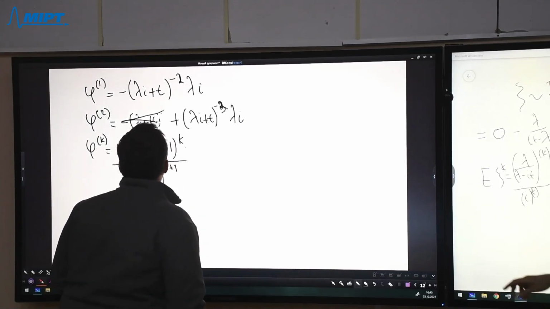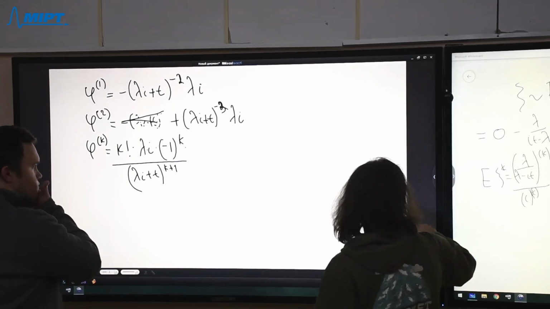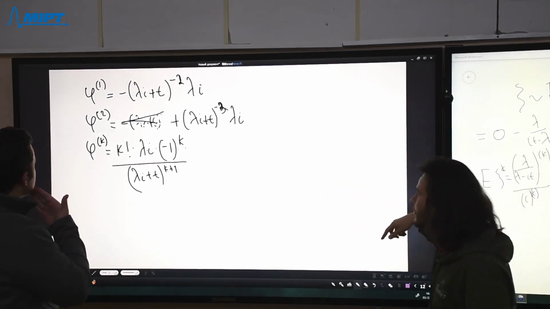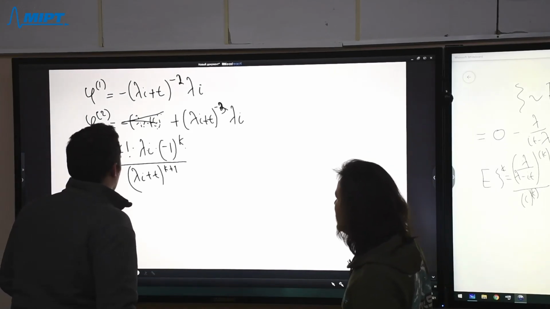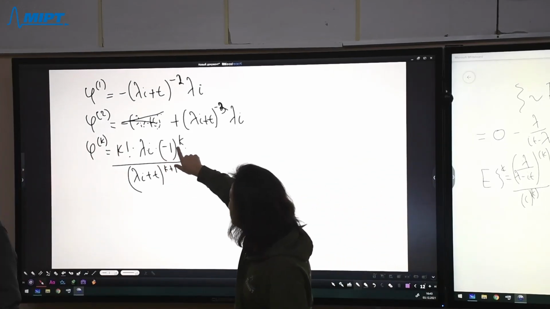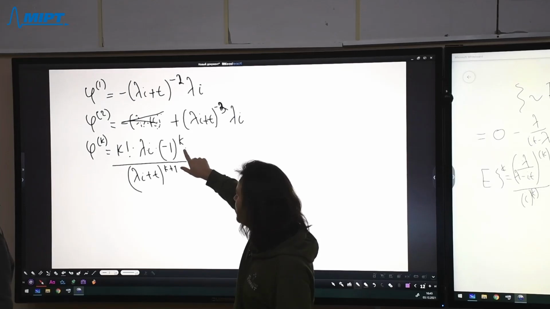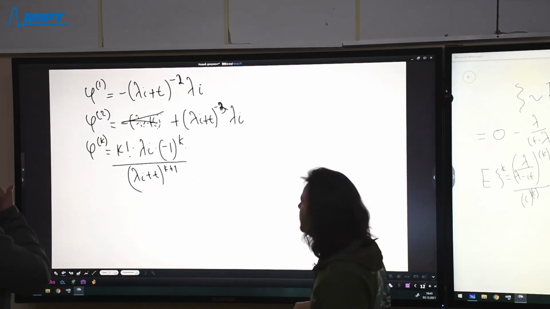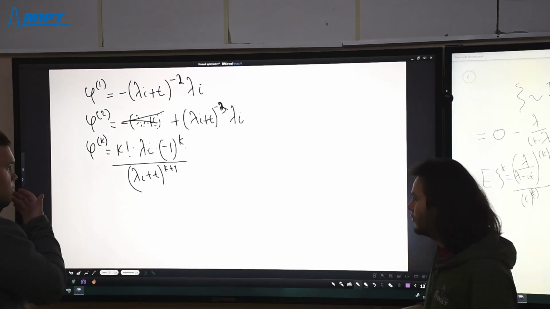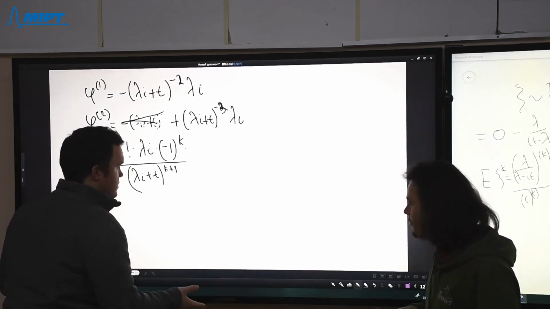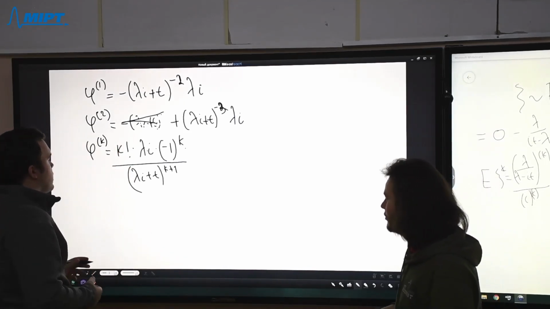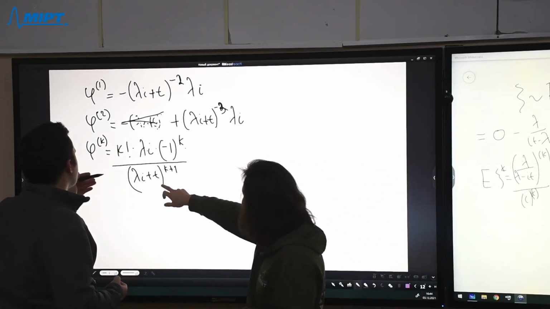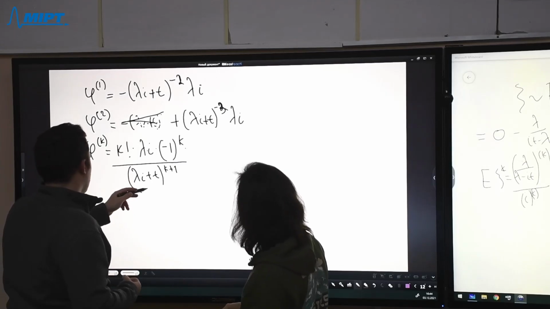Great. Now you know this. How do you find then the expected value of psi to the k? It is this when t is equal to 0, by the task statement. So we can plug in t equals 0 first.